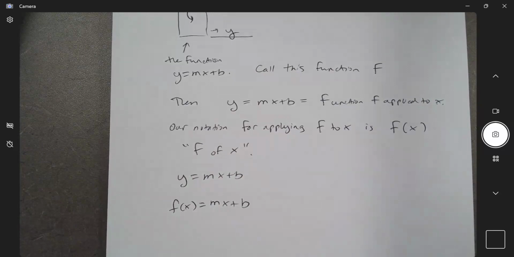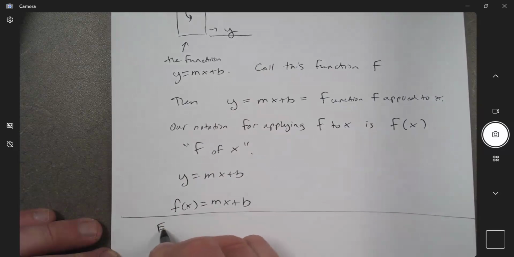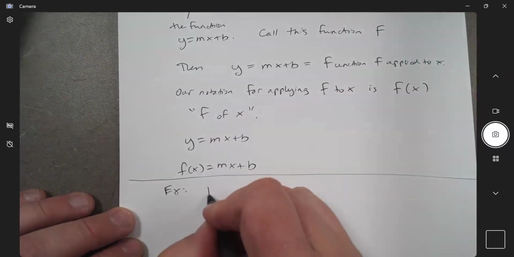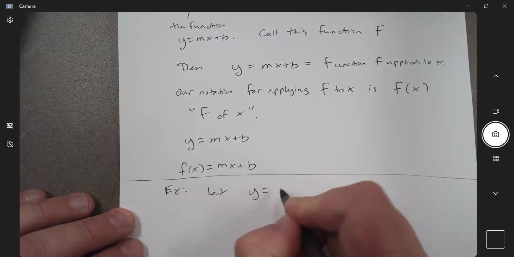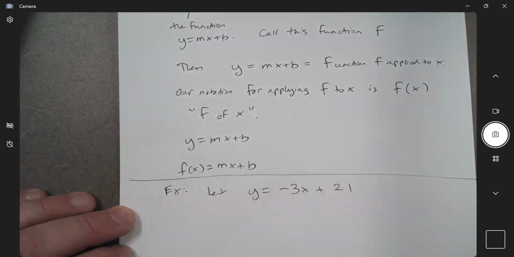The main thing that this allows us to do is to be a little more efficient in asking questions. So let me give you an example. Let y equal negative 3x plus 21.